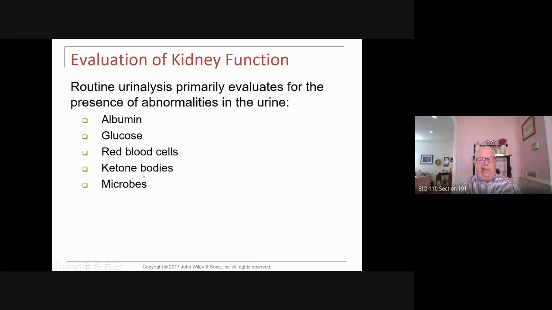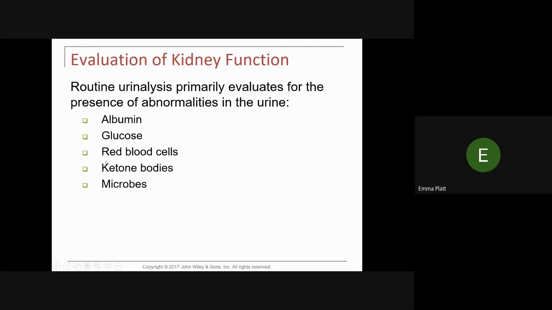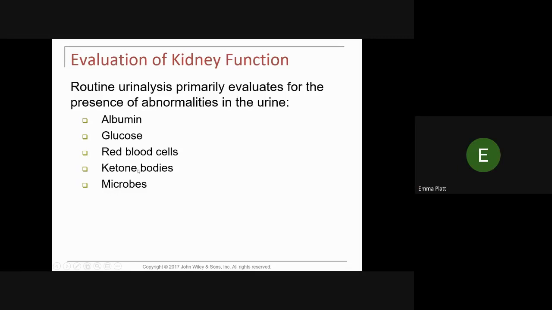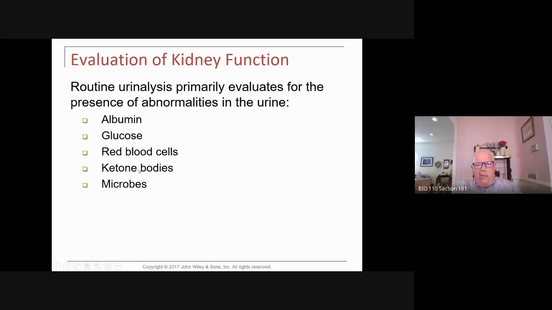Okay? Ketone bodies. Where do you get ketone bodies from? Where do ketones come from? Emma, you with us? Yeah. Oh, good. Where do you get ketones from? Do they come from your kidneys? Well, they do eventually, but what has to break down to give you ketones in your urine?